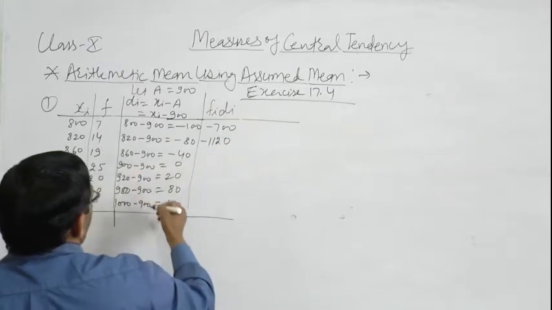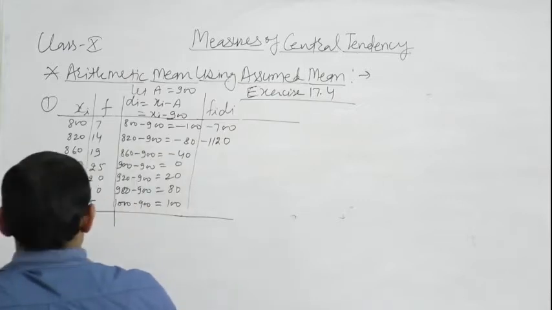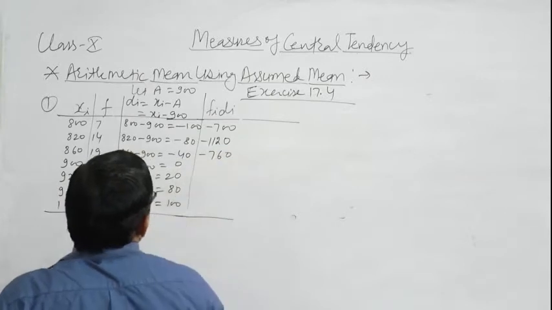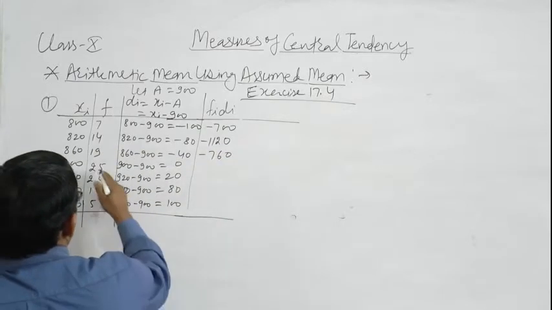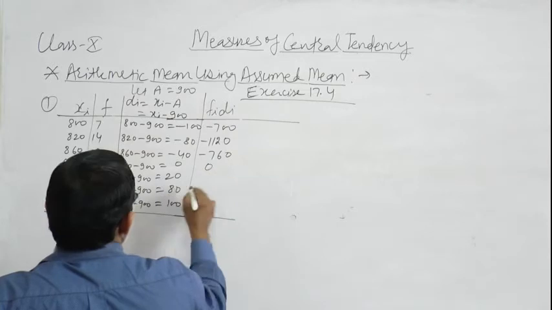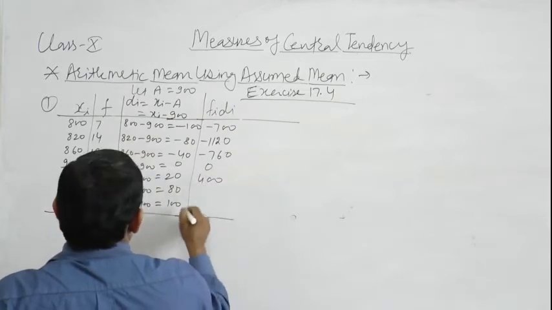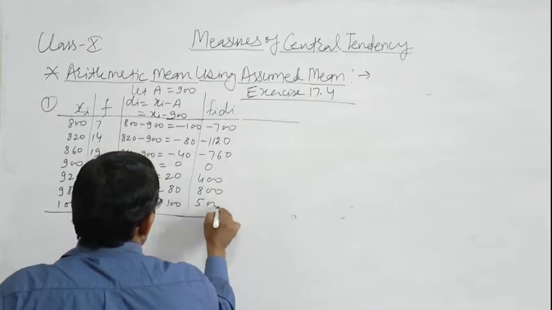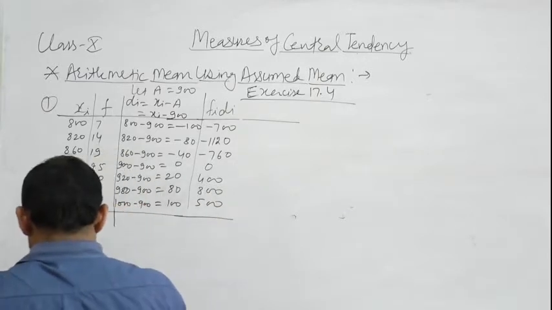And 0. Then 19 multiply minus 40, so minus 760. Then 25 multiply 0 is 0. 20 multiply 20 is 400. 80 multiply 10 is 800. And 100 multiply 5, that is 500.